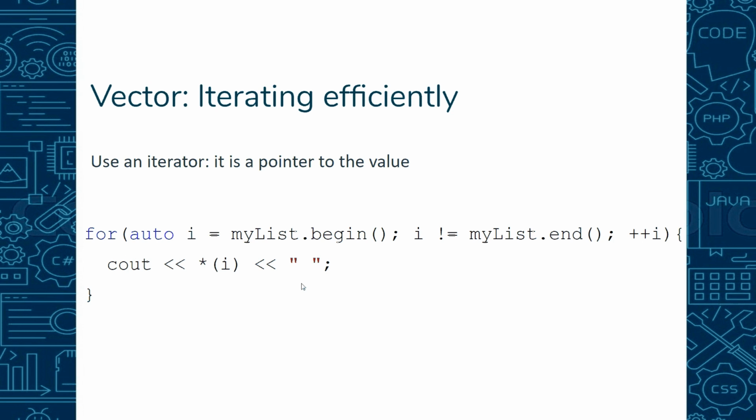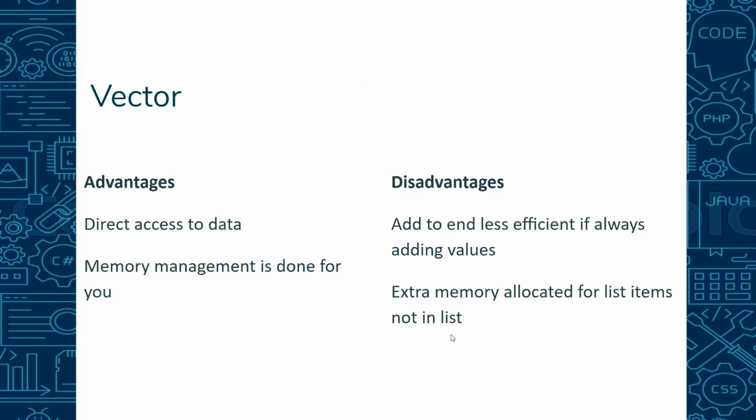So it kind of depends on, do you need a pointer to the object or do you need to access the item itself? Advantages of a vector is you have direct access to the data. Your memory management is done for you. Disadvantages, if you add to the end, it's pretty efficient, but if you add to the beginning or something like that, it's not quite as easy to do.